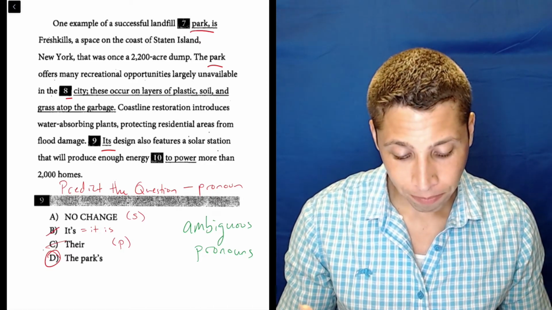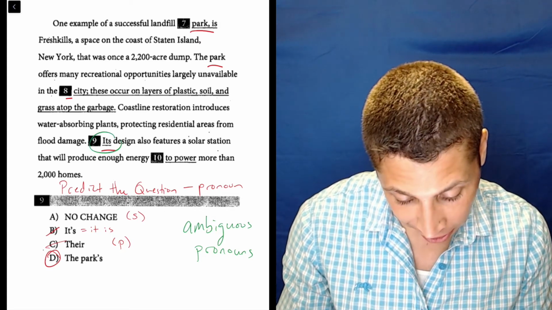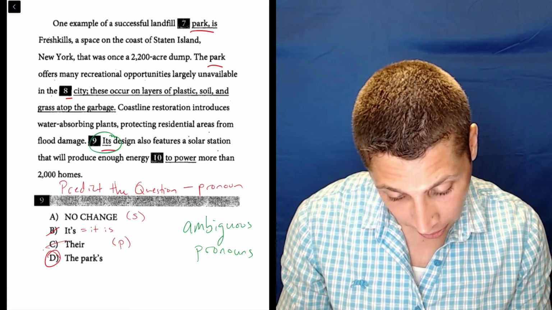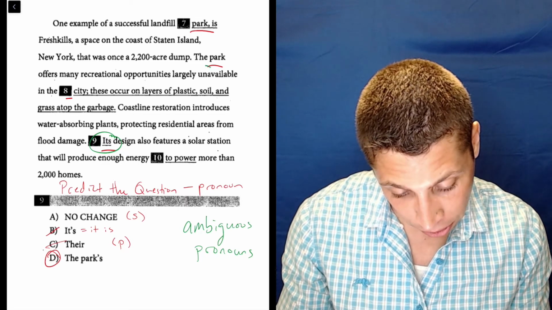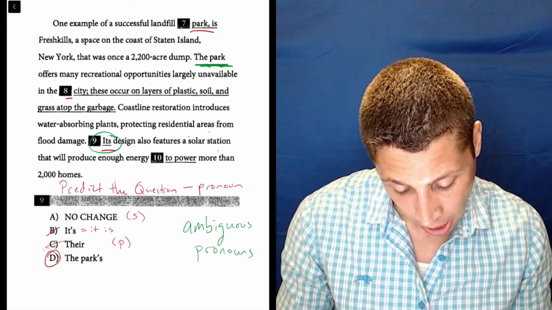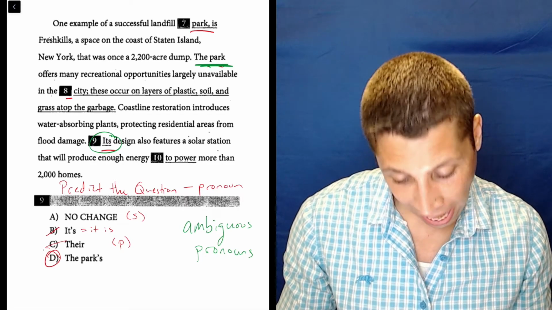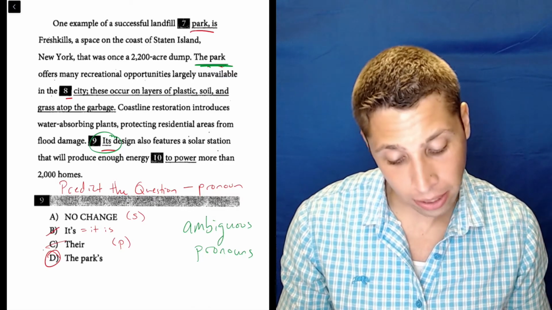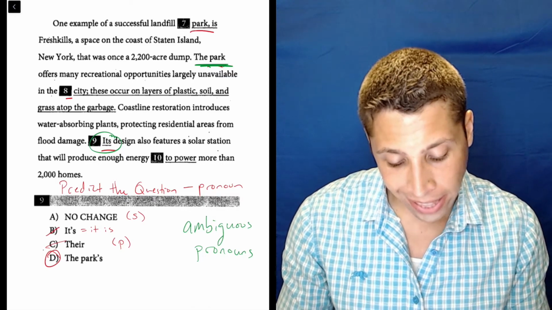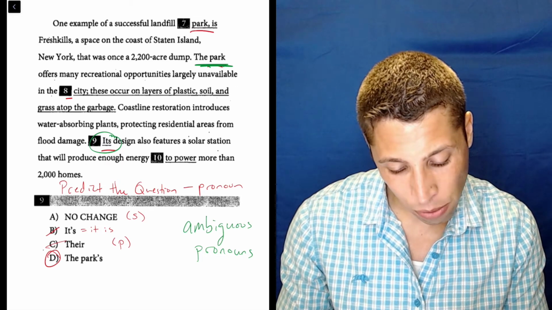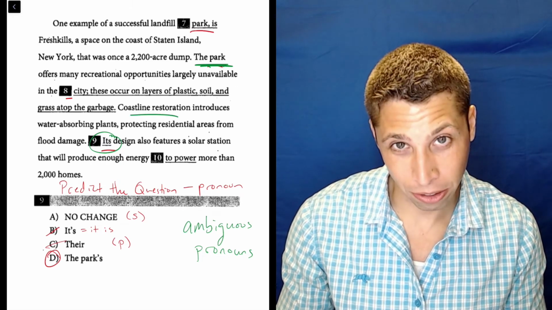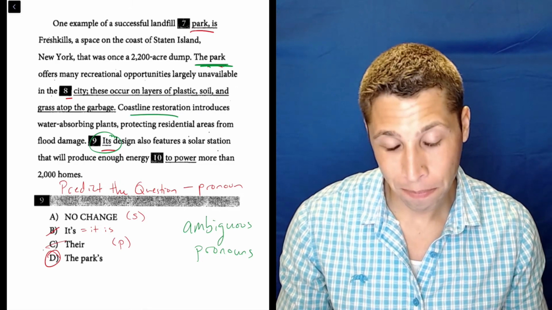Now, if we look at the word "its" here, and we look for the word park, the last time it appears is all the way up here. So there's a full sentence and a half in between. Specifically, the thing that the previous sentence is about is coastline restoration, not the park.